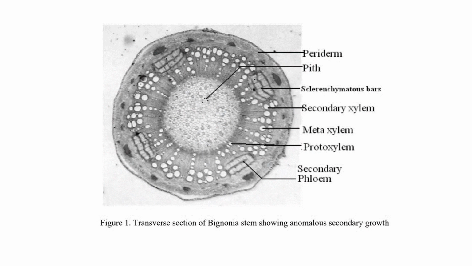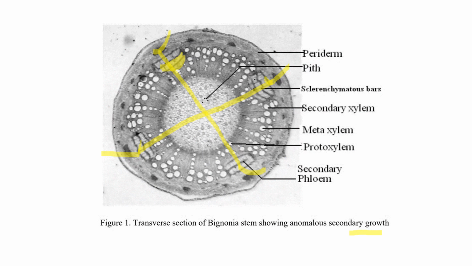So this is the structure of Bignonia stem showing the anomalous secondary growth. So here at 4 diagonal points, arranged in a cross-shaped order, the formation of secondary xylem is reduced, and that of secondary phloem correspondingly increases.